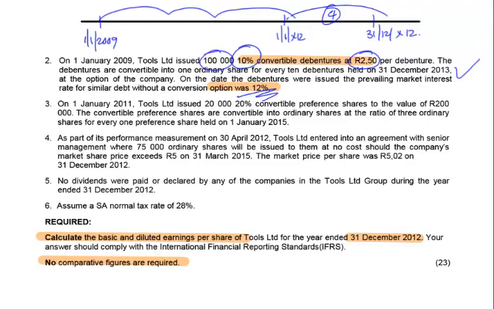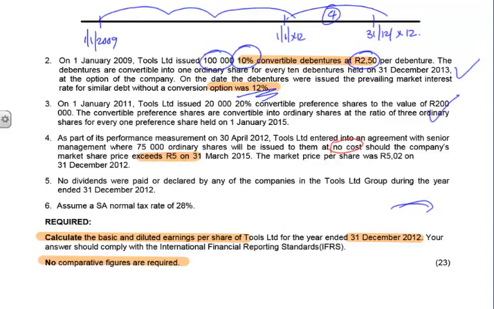Then as part of their performance measure, they entered into an agreement whereby they would issue shares at no cost to their senior staff if the market price exceeded 5 Rand.